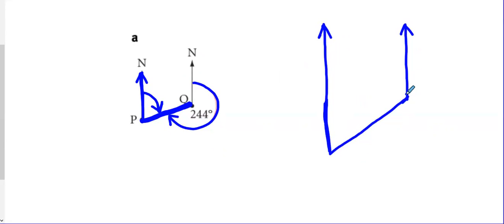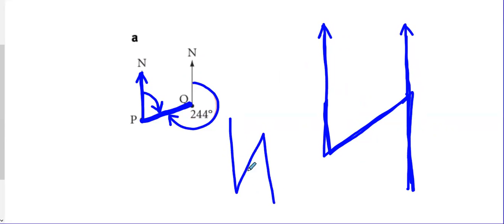Can you see that if you extend this line a little bit down, there is something we call Z? Z means if this angle is 20 degrees, even that angle will be 20 degrees.